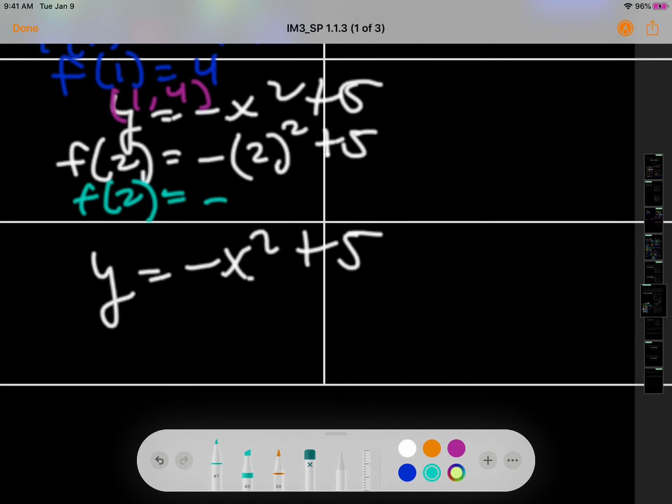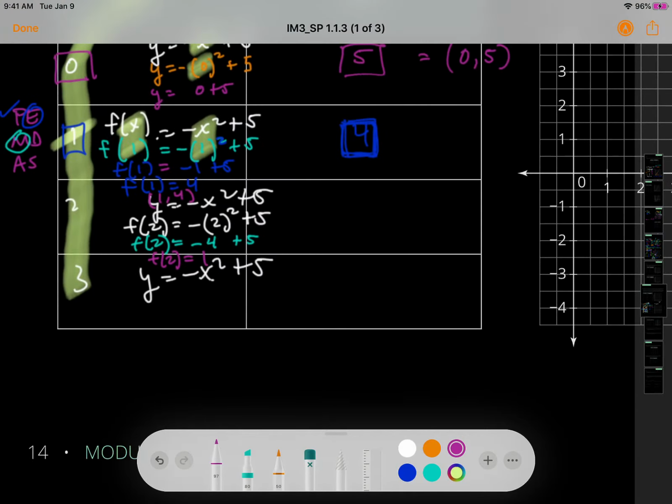So 2 squared is 4, and the opposite of 4 is negative 4. So my value is going to be f of 2 equals 1. So that is a fancy way of just saying 2 and then 1. 2, 1.